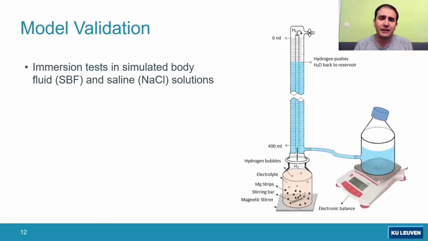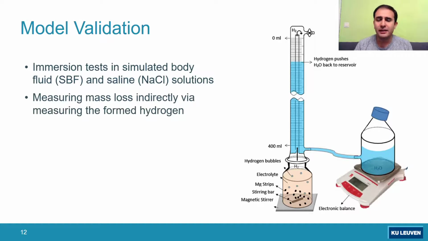The model validation takes place by experimental data obtained from immersion tests in two solutions, simulated body fluids and saline solutions. The mass loss is measured indirectly via measuring the hydrogen released as a side product of the corrosion.